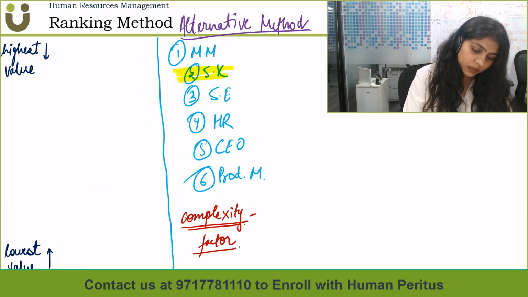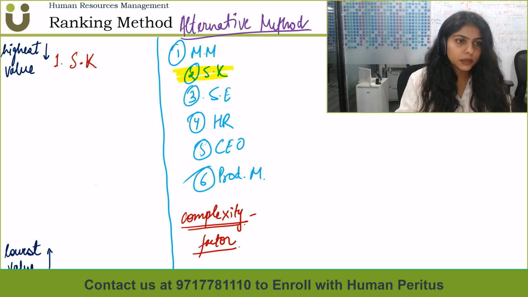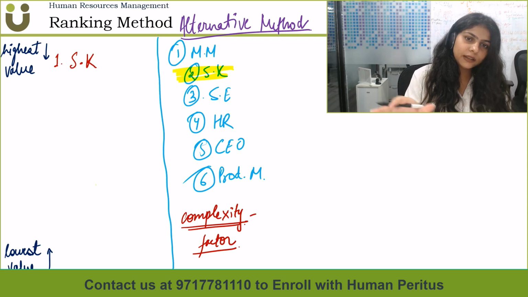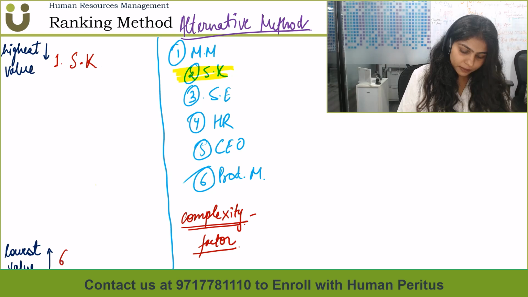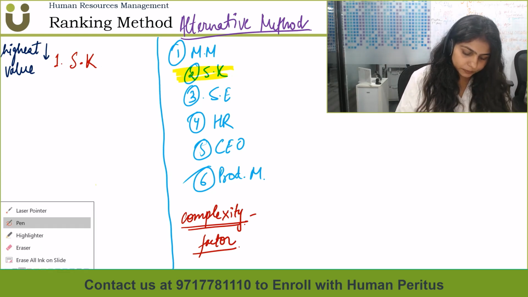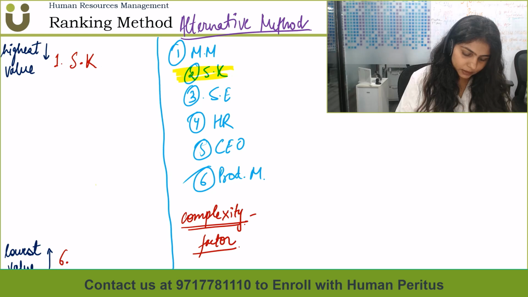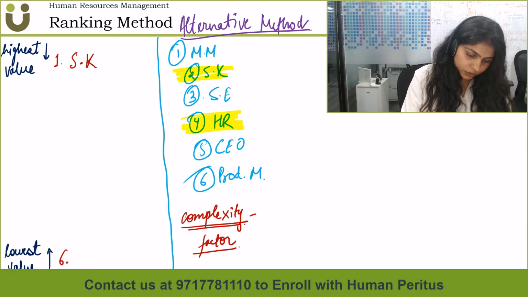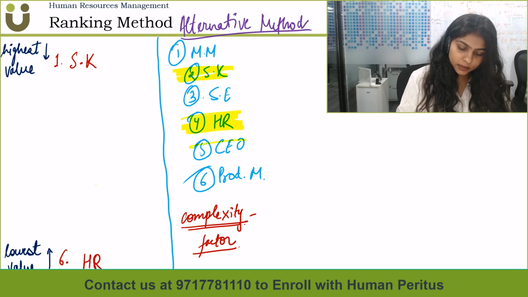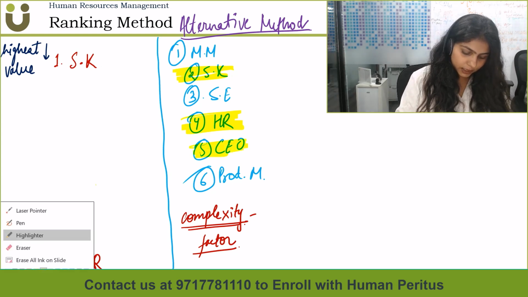So on first rank we have the storekeeper. Now this is where the change happens. Instead of rating the second position, I will be rating the sixth position. I think the least complex job out of all of these is that of the HR manager, so I write HR manager in the least. Then we move on to the highest again. I think the CEO deserves the second highest position.